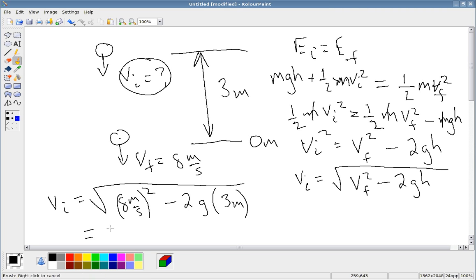So the original velocity of the ball up here when it was thrown down is equal to 2.28 meters per second. And that's the end of this problem.